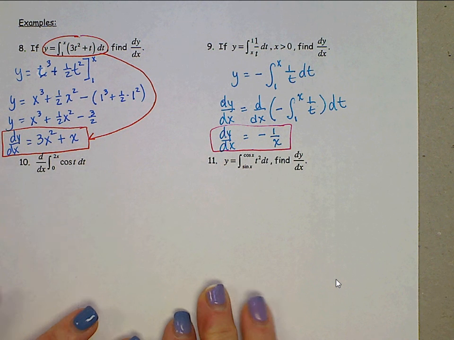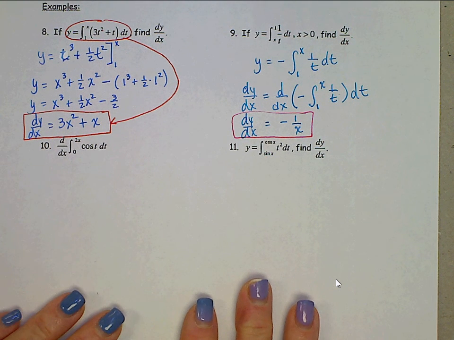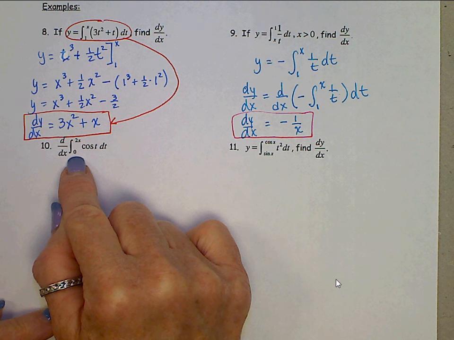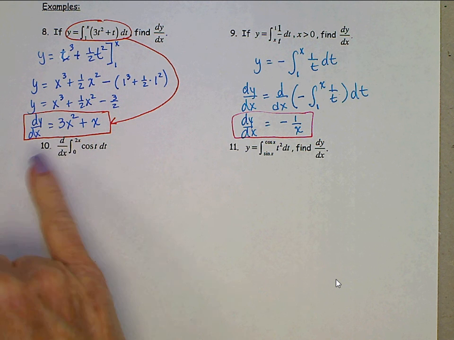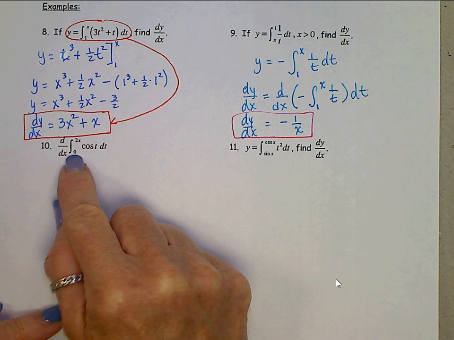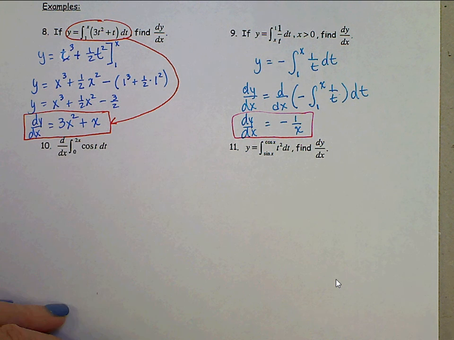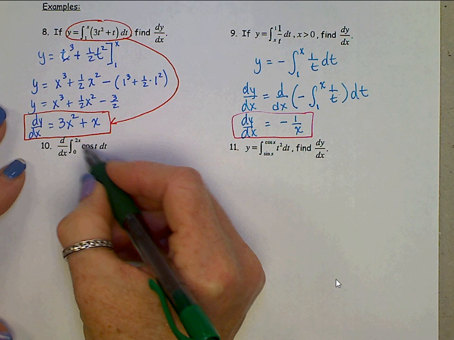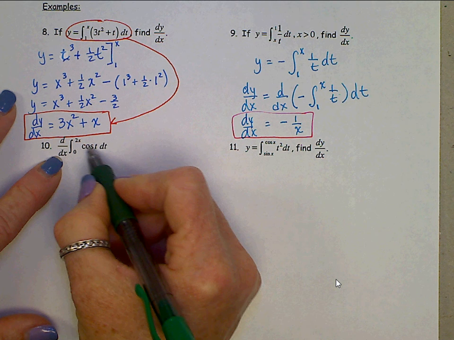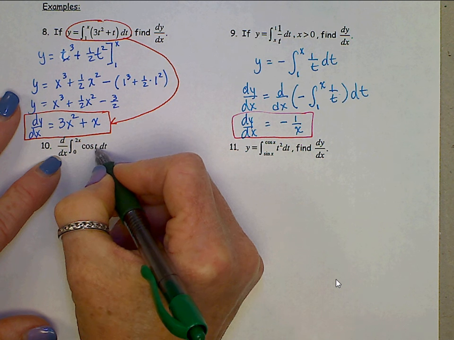All right. Look at this next one, number 10. Now again, notice we want the derivative of this integral. Just written a little bit different, but derivative of an integral. And we see we have a constant on the bottom, that's good, but we have this 2x up here. So we have a little bit of an issue there. It's the same basic process, there's just one little extra step. When you're doing this derivative of an integral, you can take this 2x and put it down here in place of that t.